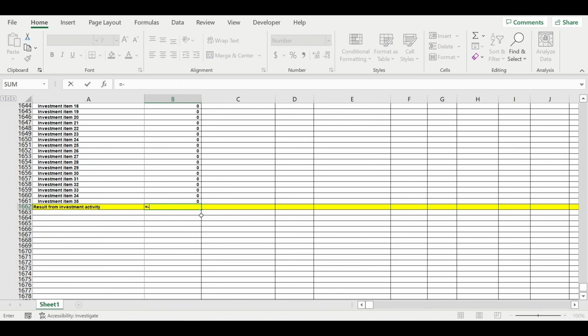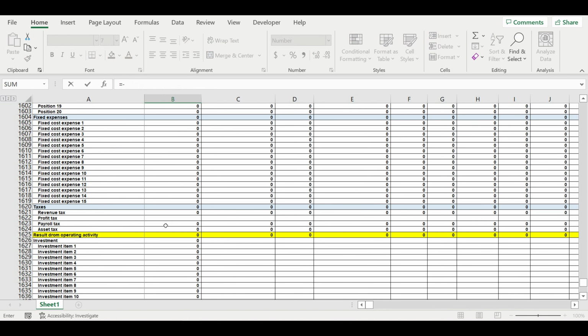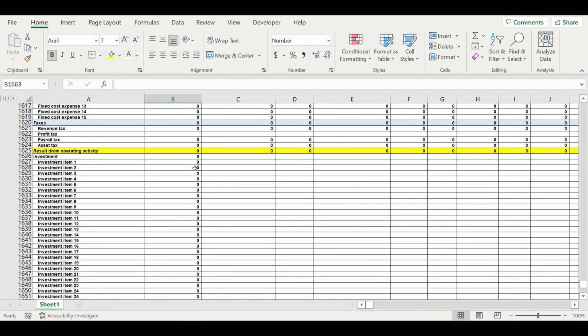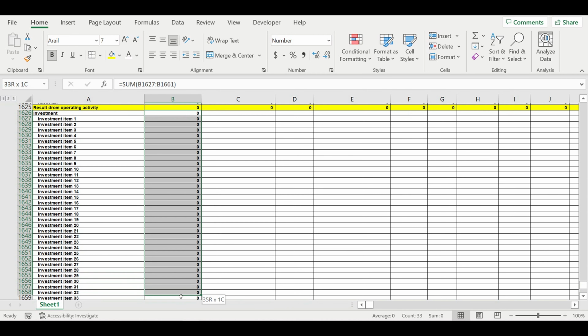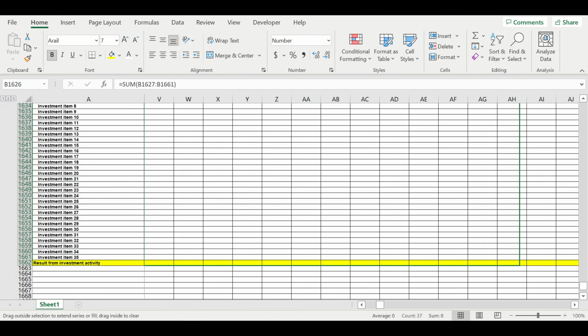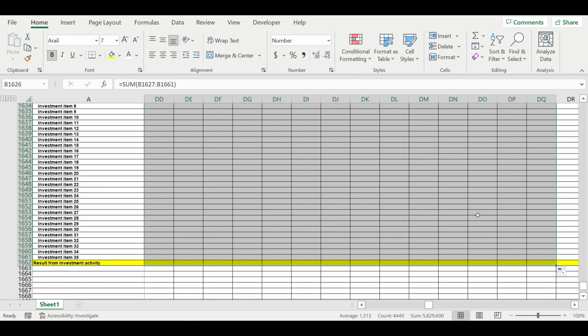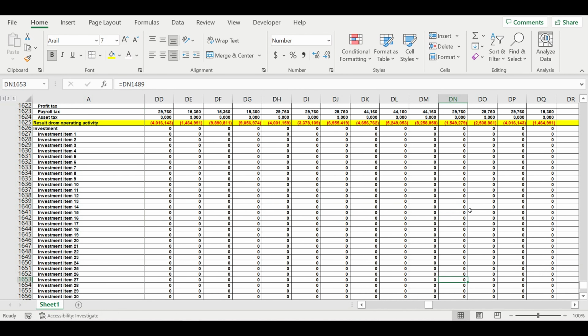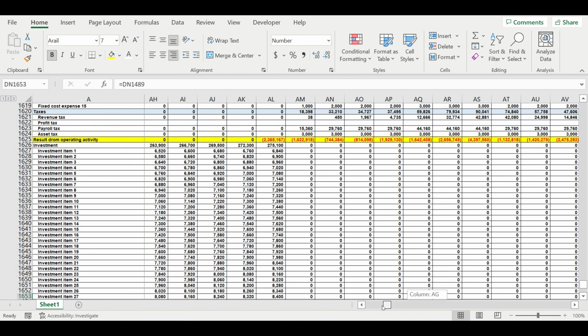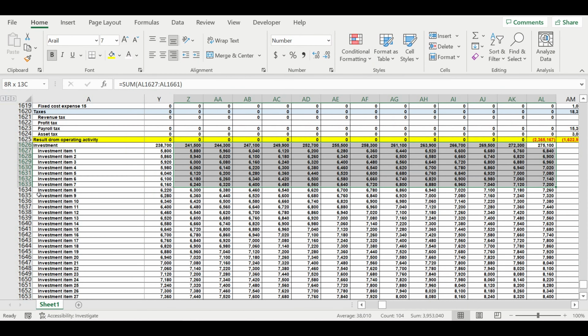So we are taking this value with minus because expenses at the investment stage are mostly outflows. So now we are extrapolating this formula to the right. So here we have our investment expenses.